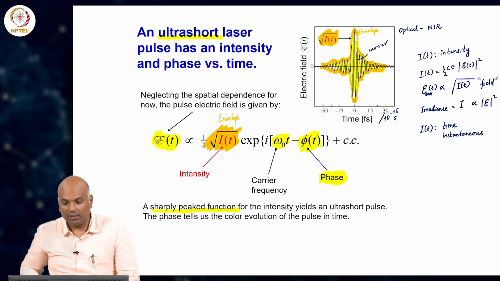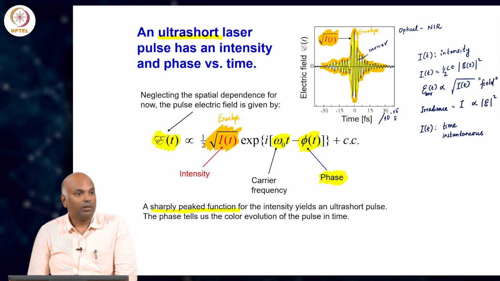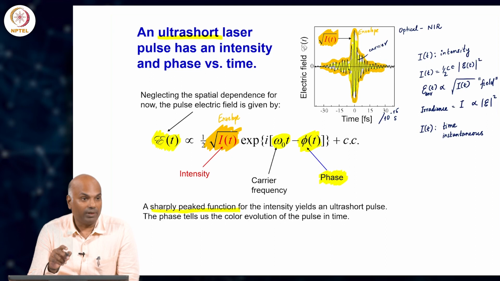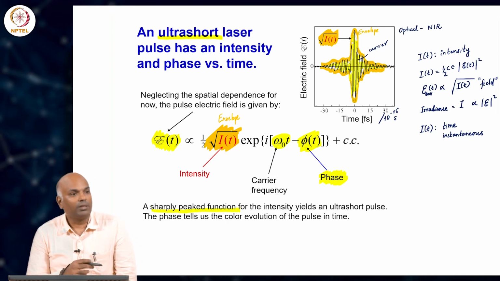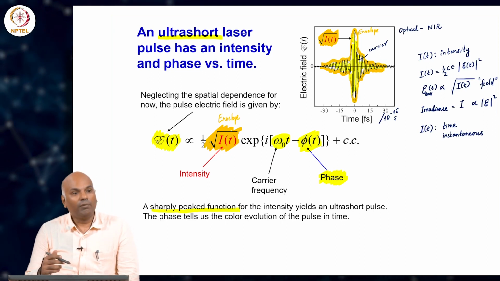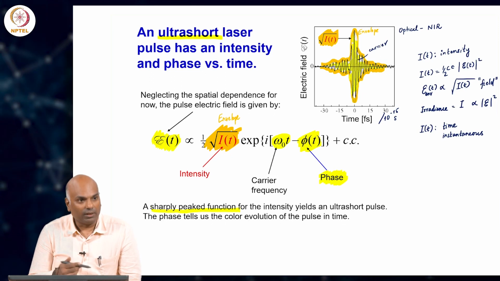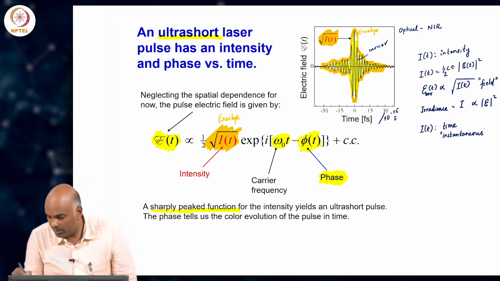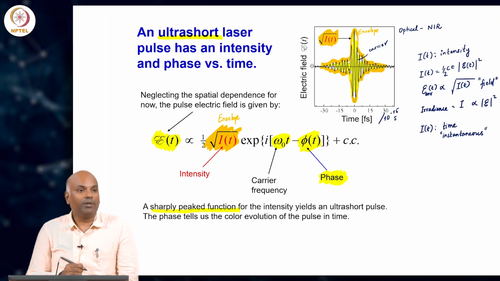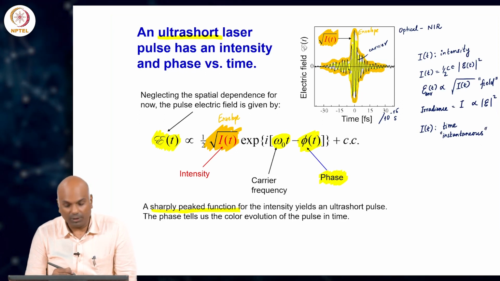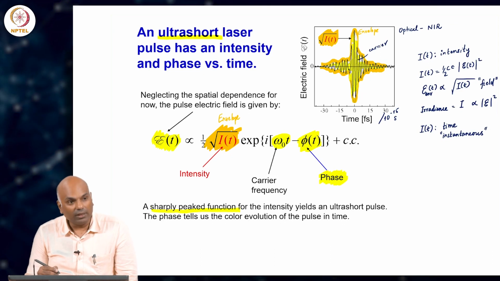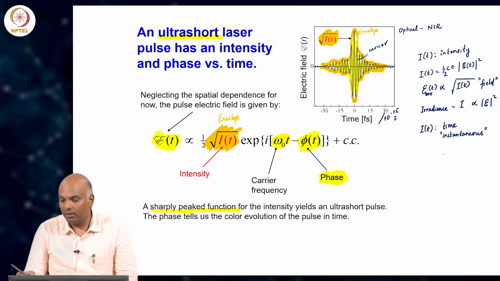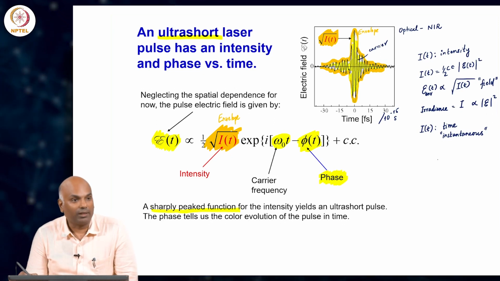At every instant of time t, the function I of t, which again we have not plotted here, bear with me, we will have a comparison of the envelope of the electric field and the intensity in some slides to come. But this function is instantaneous. So, it means at every point in time it has a certain description, and that description is related to the instantaneous value of the electric field in time.